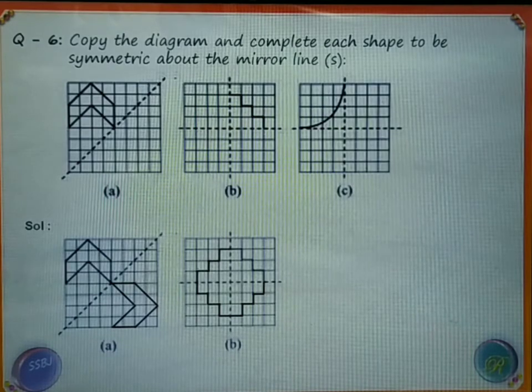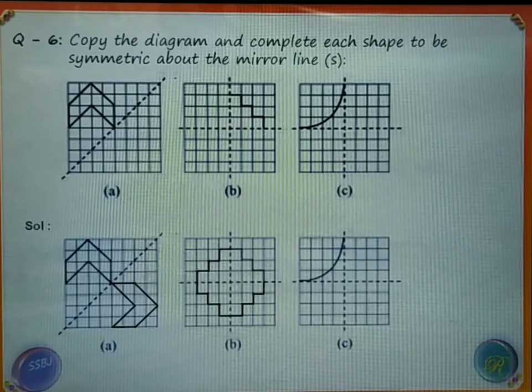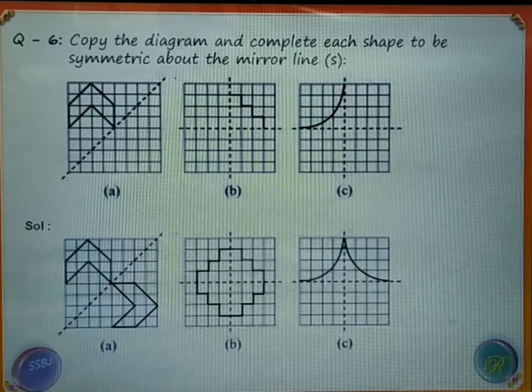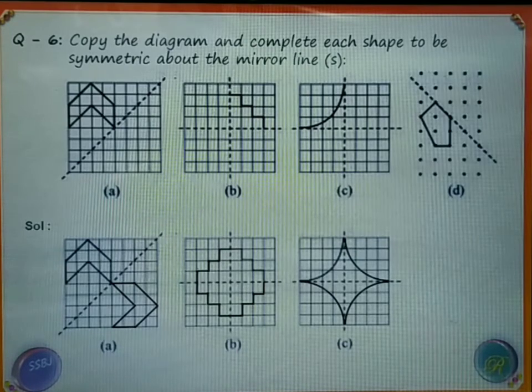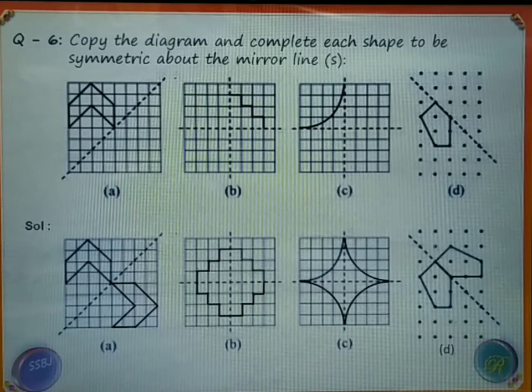Figure C. Copy the diagram and complete the shape to make it symmetric. Figure D. Copy the diagram and complete the figure to make it symmetric.